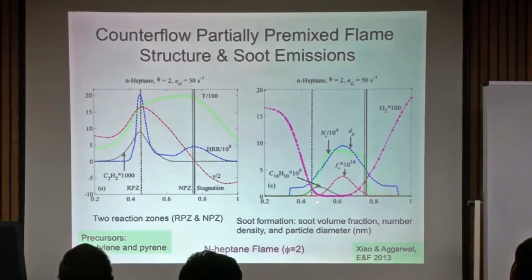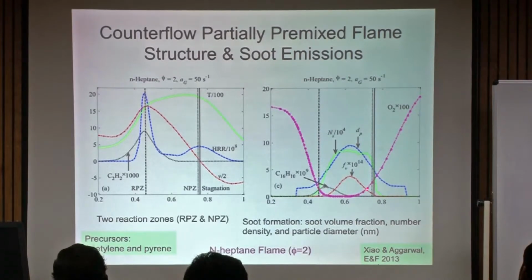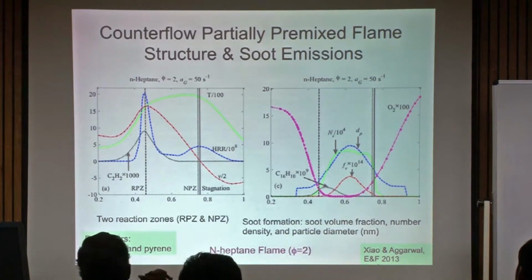So production and then oxidation, and other things also decrease. So the soot formation zone is between the rich premixed and the non-premixed flames. And as we discussed, in that zone the velocities are very low, so there is a lot of residence time for the soot to form.